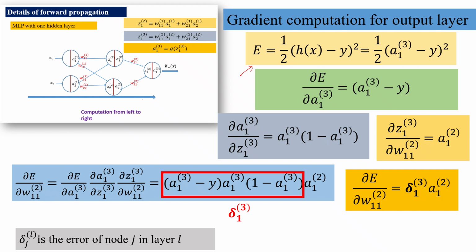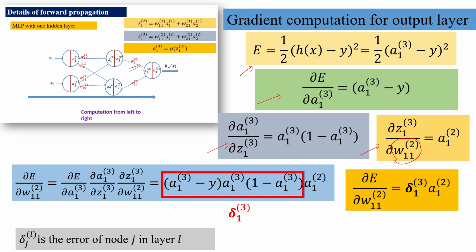So this is the error, the sum squared error. Then we compute the individual partial derivatives of the error with A13, of A13 with Z13 and Z13 with the weight connected to the output layer, this one.